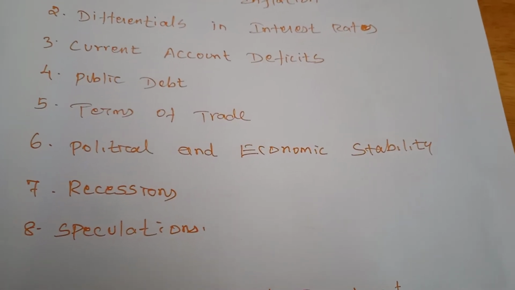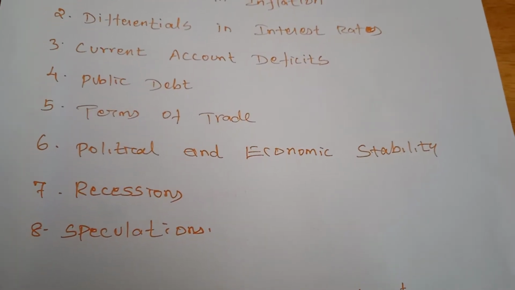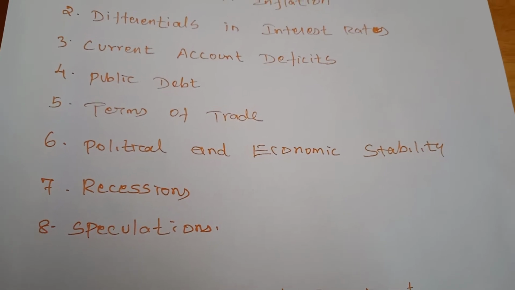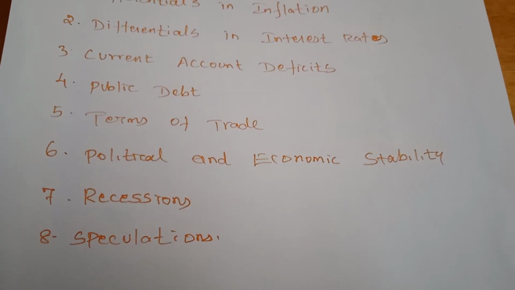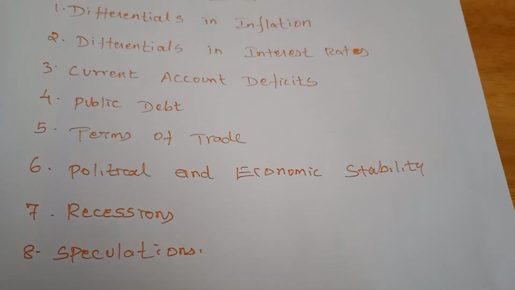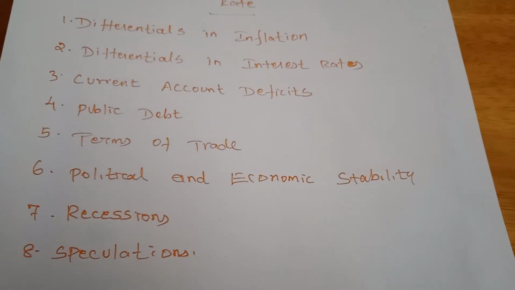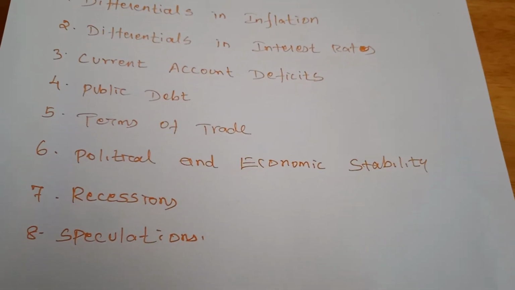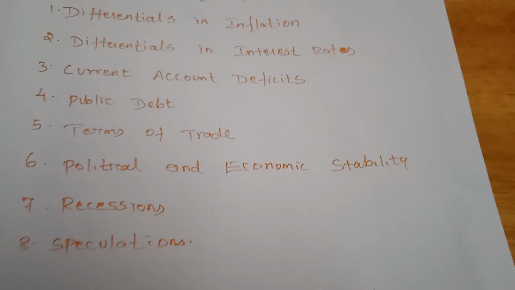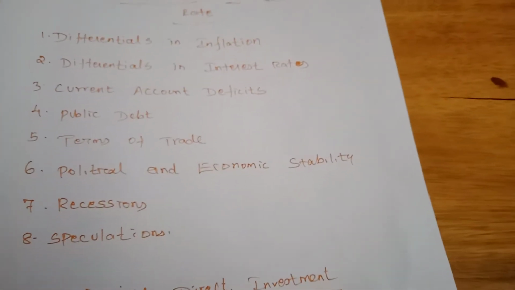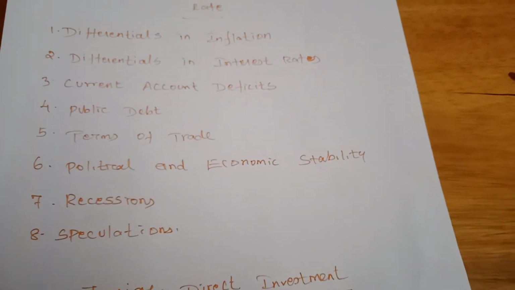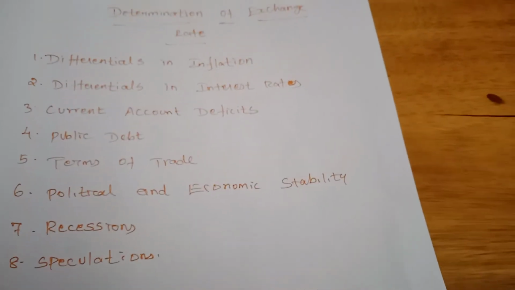So on the basis of speculation, we will get some foreign investment. Because of that, our money value may also increase. So these are the eight reasons that determine the foreign exchange rate.